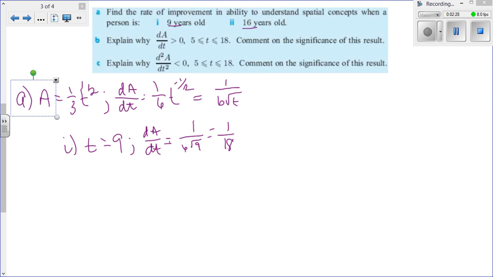And what that means is, therefore, the rate of improvement is 1/18th unit per year for a 9-year-old.